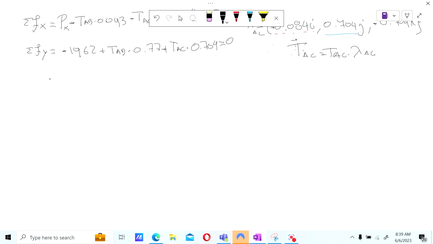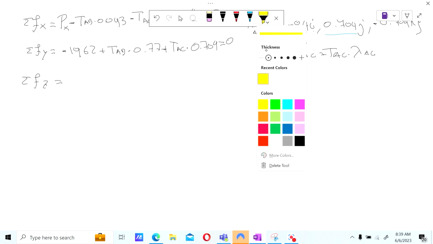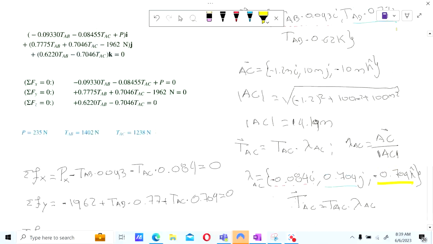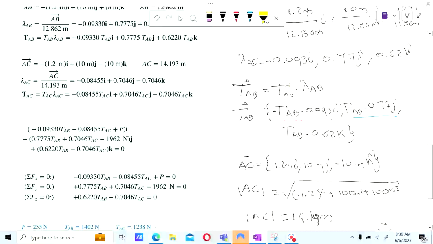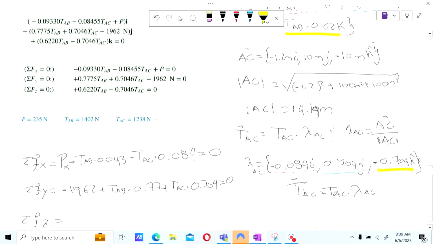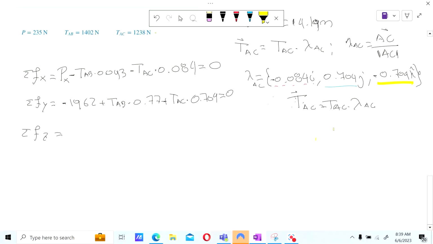All right, and then for forces in Z equals 0, we have NAC is negative, NAB is positive, and we don't have the P or the weight in Z, because Y is the vertical component.